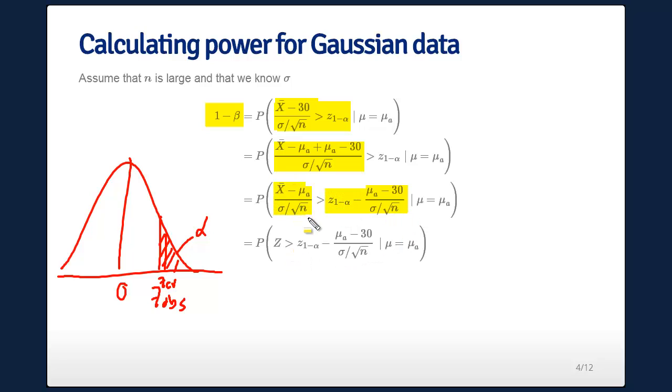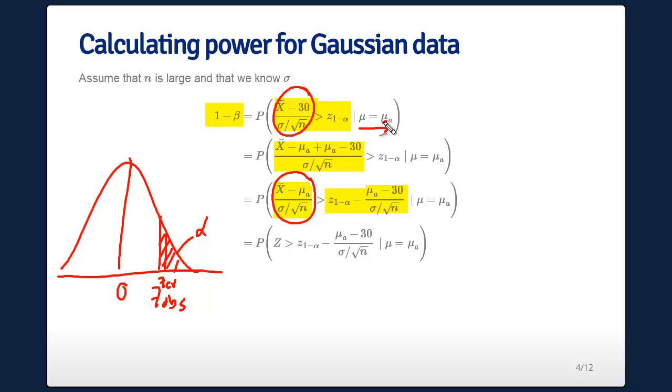Now this is a Z statistic. Before, it was a Z statistic under the null hypothesis, but it's not a Z statistic under the alternative hypothesis, because we're subtracting the wrong mean. Now, under the alternative, that's a Z statistic. So the probability we're calculating is no longer alpha.